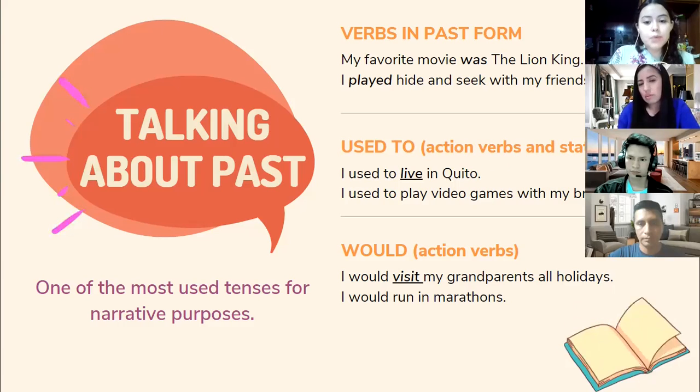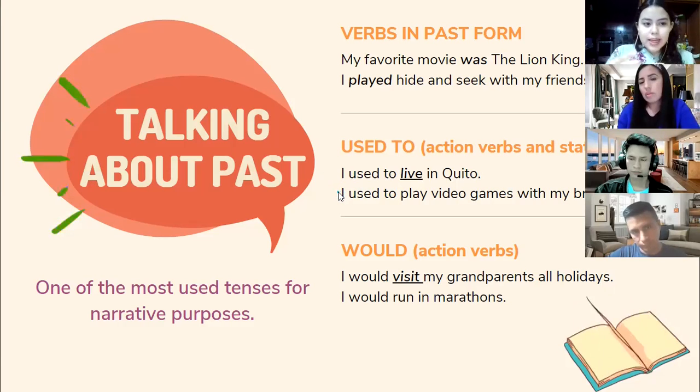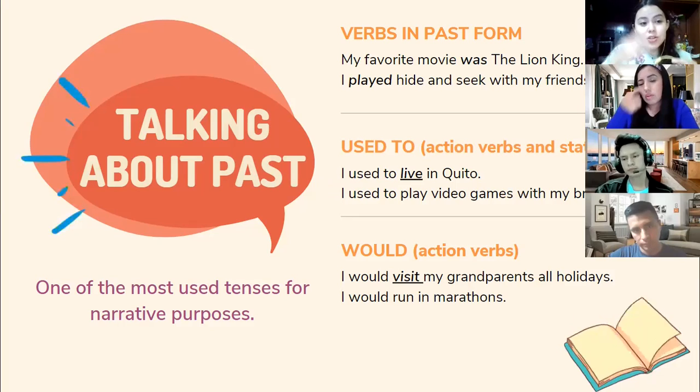For example, a permanent event in the past: I used to live in Quito. But a routine or maybe a habit that I had in the past: I used to play video games with my brother. This was not permanent, but it was an action that happened frequently, right?